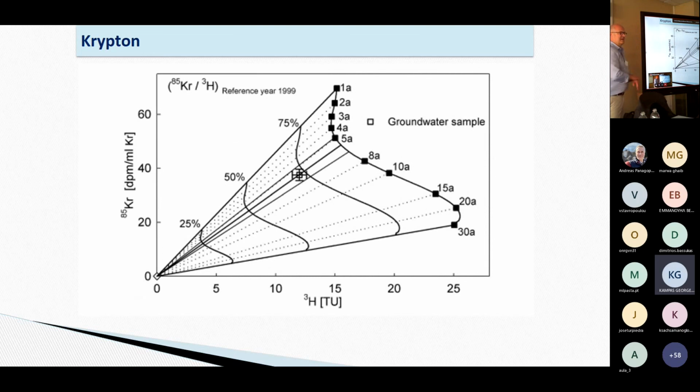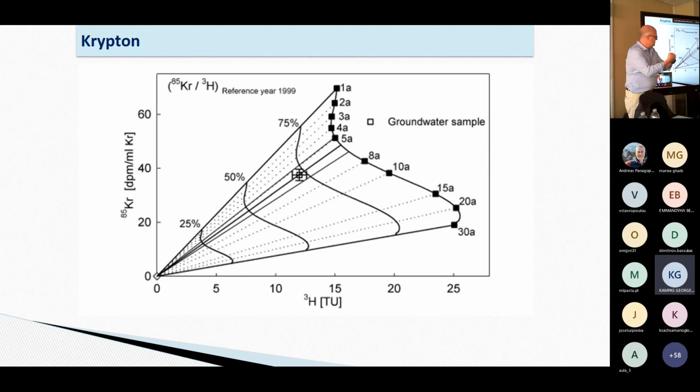But this gives us the possibility to determine something new from the combination of 2 age dating methods, and I just want to highlight this. Here we have combined tritium on the x-axis and krypton-85 on the y-axis. We could also use SF6. Now we construct a line on the right-hand side that corresponds to both values combined.